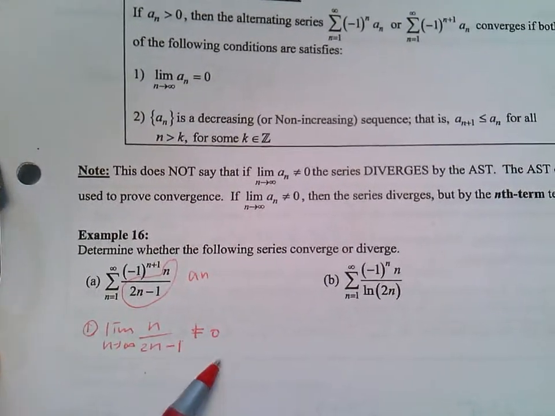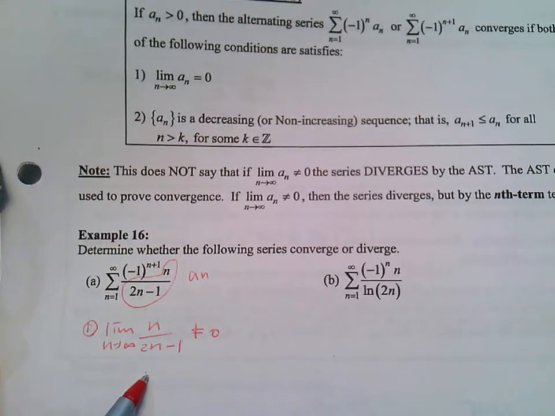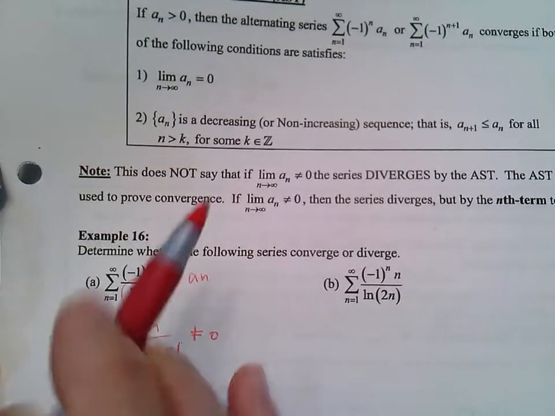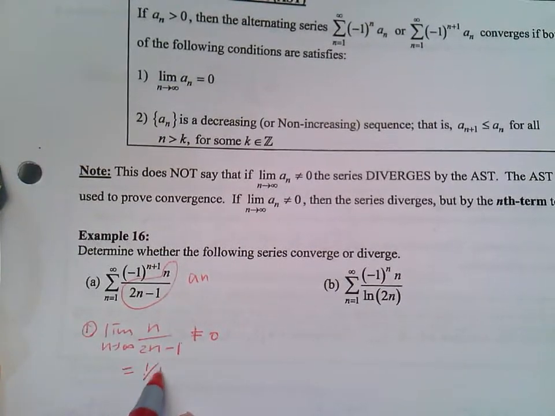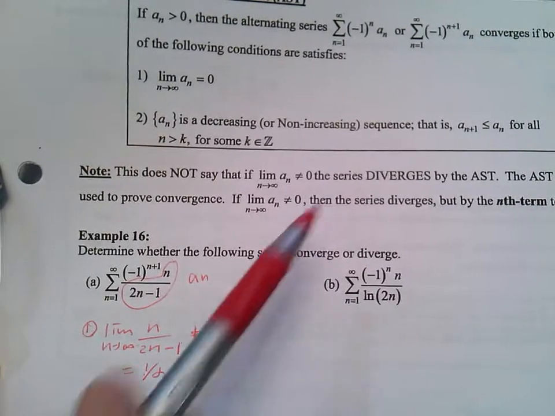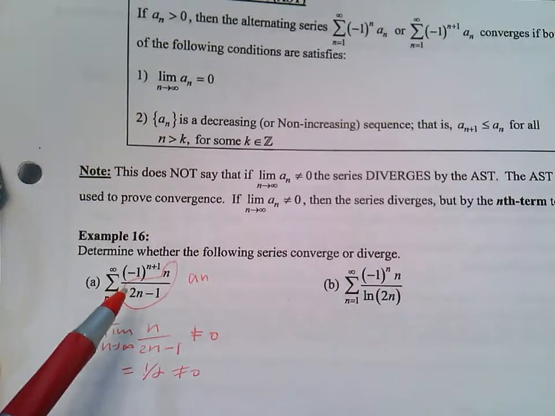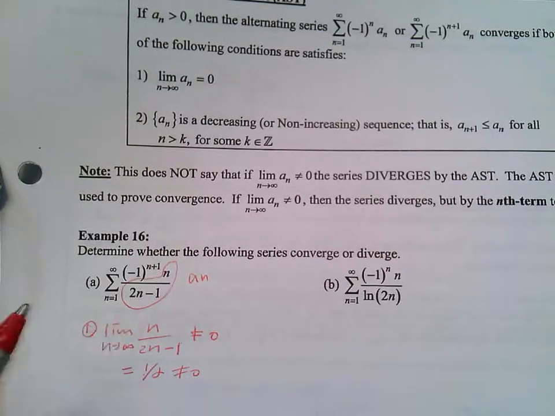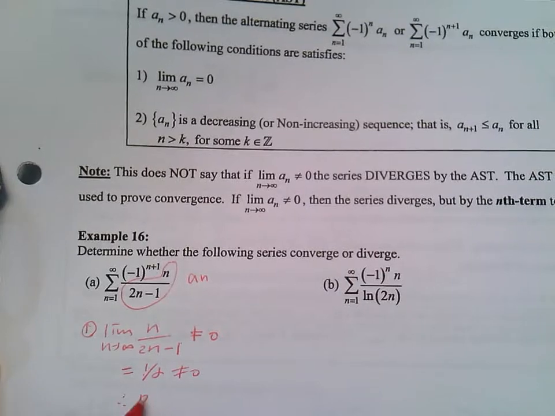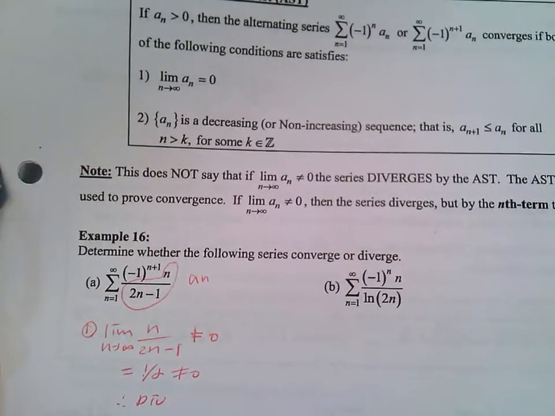This series diverges. The reason why is that this limit is 1/2, which is not equal to 0. So by the divergence test, not by the alternating series test, we know this one diverges because this is not equal to 0.